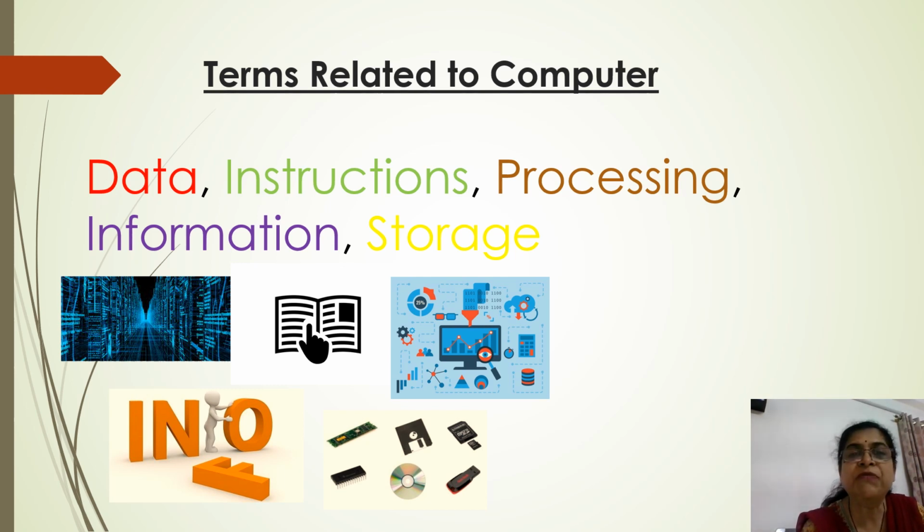Here, pictures of data, instructions, processing, information, and storage are given. Instructions means the guidelines on how to perform the task. So these instructions are also provided on how to process the data. What is meant by process? Processing means working on it.